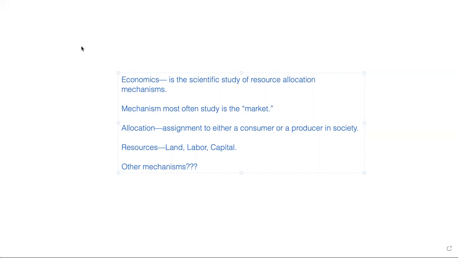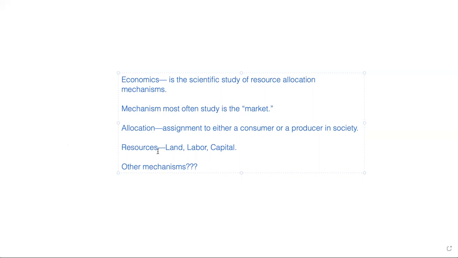But can anybody else think of other mechanisms, how people? Would oil be one? Well, okay, so oil is a commodity, but throw that out a little bit more for me.